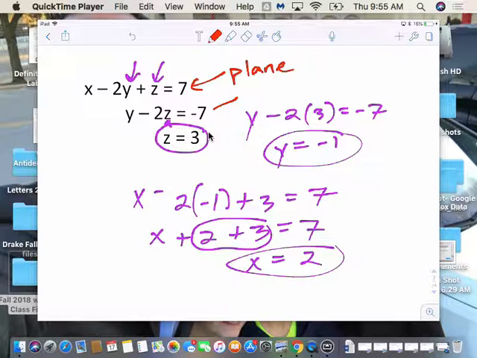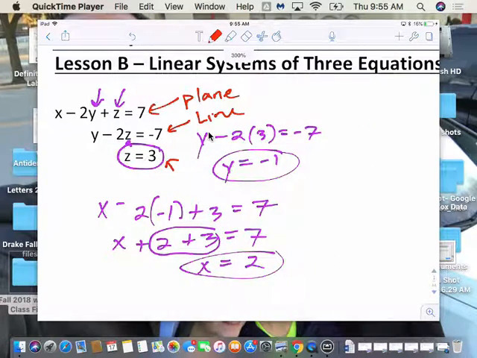This one is a line. And this one is also a line of some kind, actually up the z-axis. But if these three things intersect with each other, they would intersect at a singular point in the three-dimensional plane, and we write it as an x, y, z point. We do 2 for the x. You always write it in alphabetical order. And then you do the y, which comes next, negative 1, and then z would be 3.